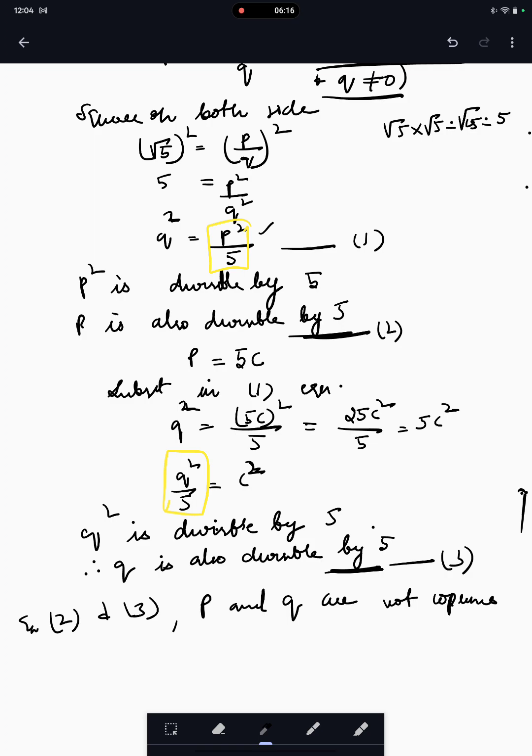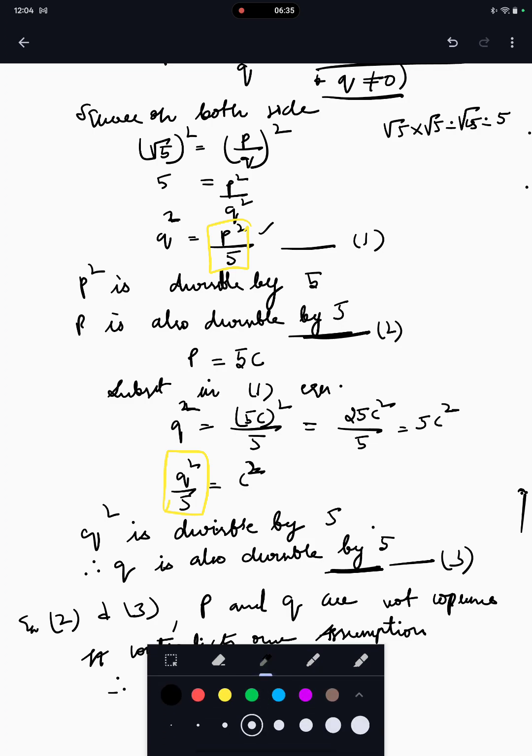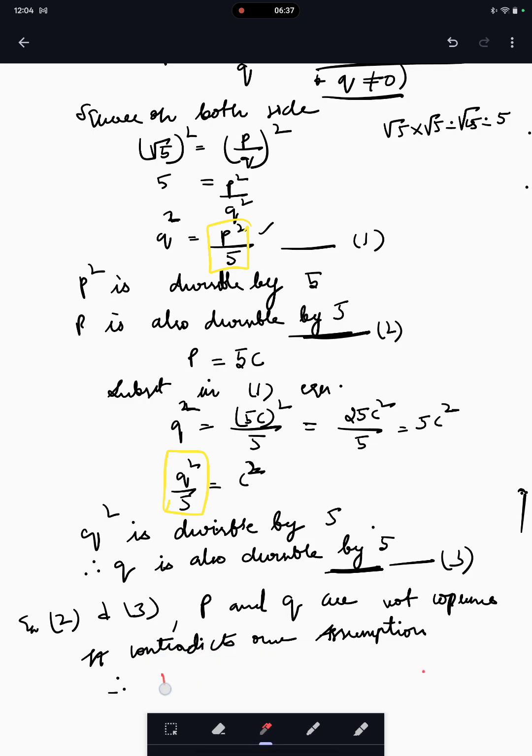It must be co-prime, but what we got is not co-prime. So it contradicts our assumption. Therefore, root 5 is an irrational number. That's all, guys. Thank you.